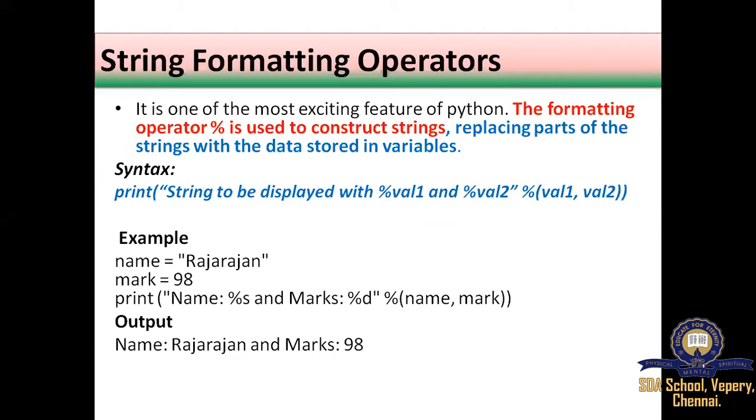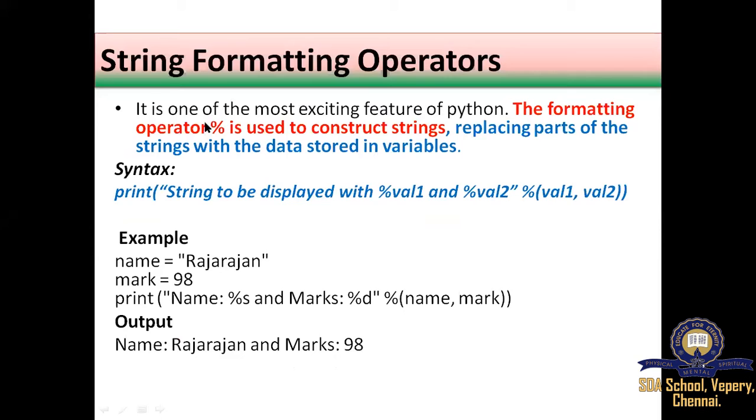The first topic is the string formatting operator, one of the exciting features of Python. We have different types of formatting options: %s, %i, %d, etc. Every formatting operation is indicated by this percentage sign.